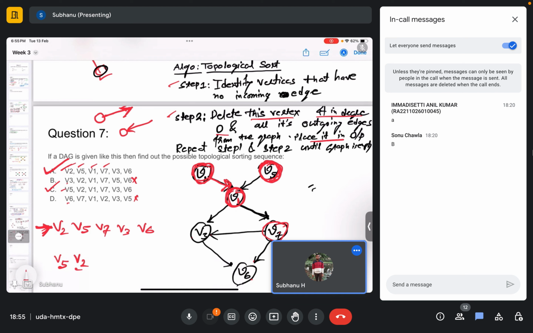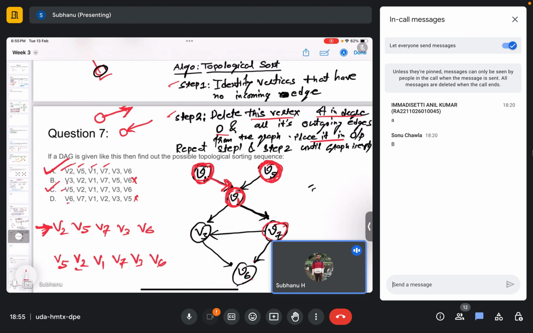Okay, now we can see V1 is coming. Just a second. Now you can say V1 is coming, and then V7 is coming, then we can go to V3, and then we can go to V6.